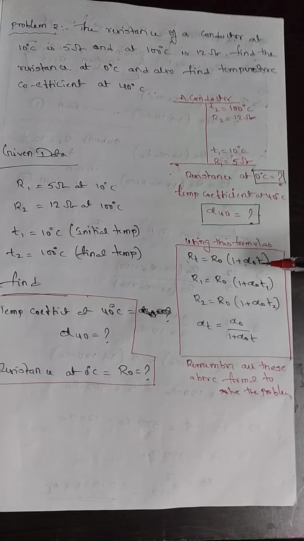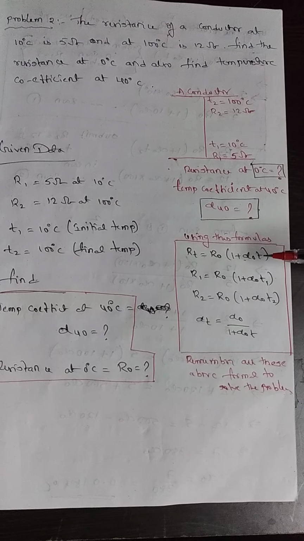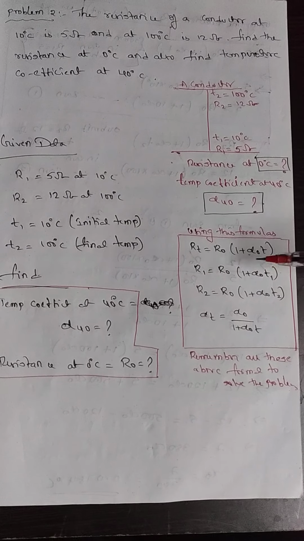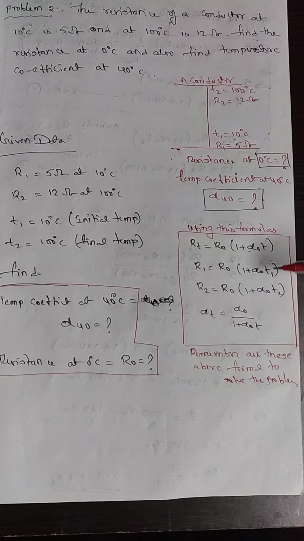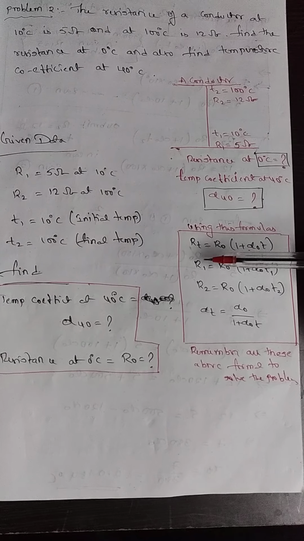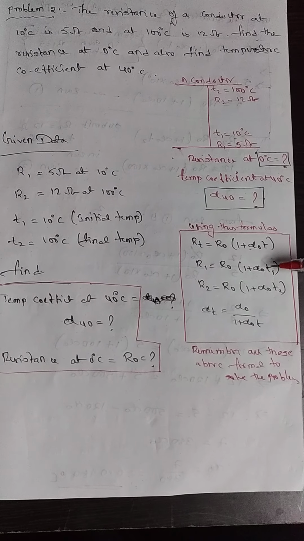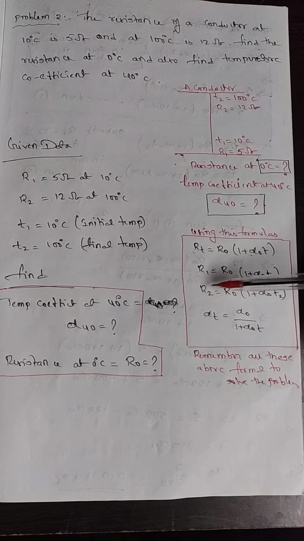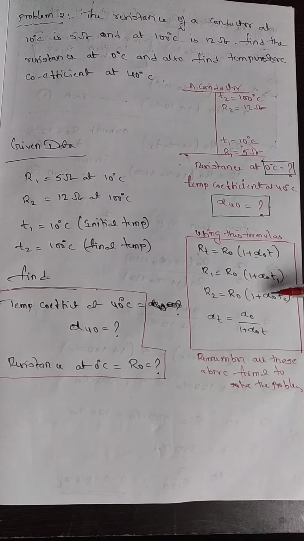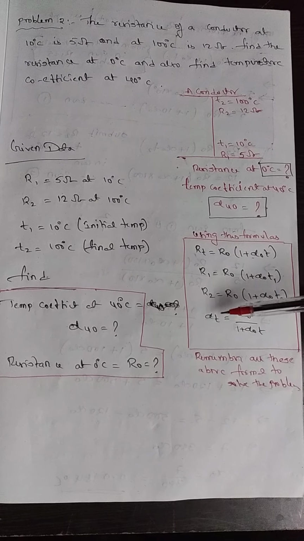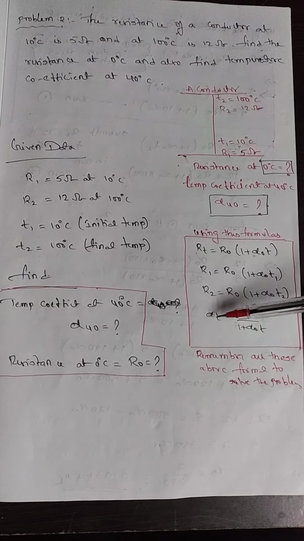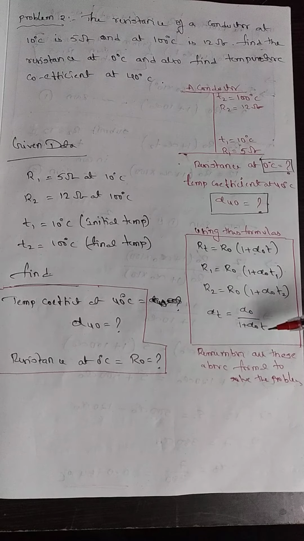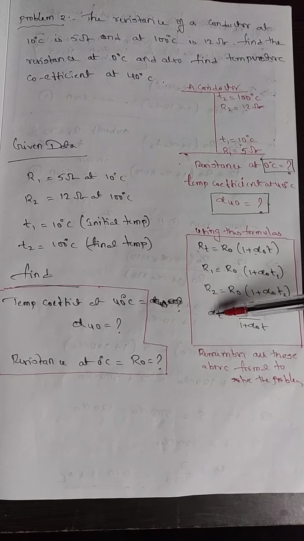So RT equal to R naught into 1 plus alpha naught T. R1 equal to R naught into 1 plus alpha naught T1 at T1 degree centigrade, where R1 is the resistance, and this will be the equation. At T2 degree centigrade, R2 is the resistance, and R2 equal to R naught into 1 plus alpha naught T2. To find the temperature coefficient at any degrees, alpha T equal to alpha naught by 1 plus alpha naught T, and you need to find alpha 40.